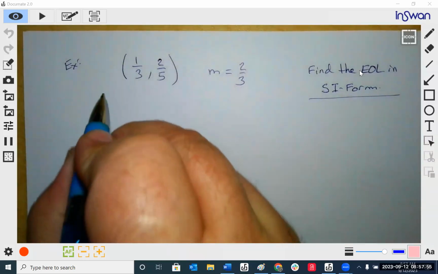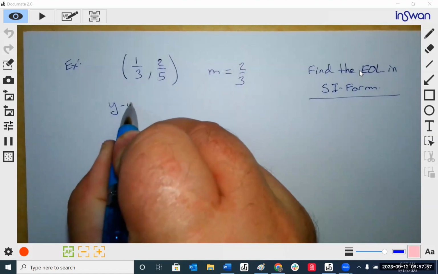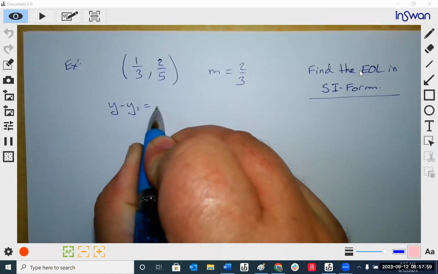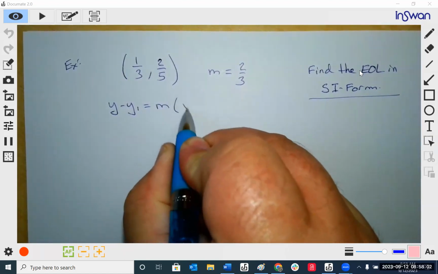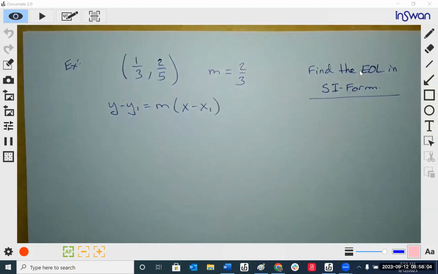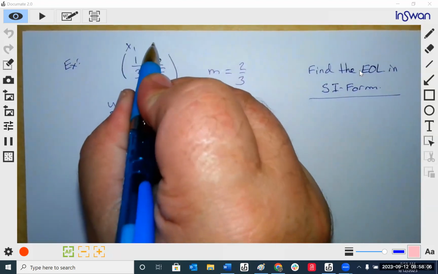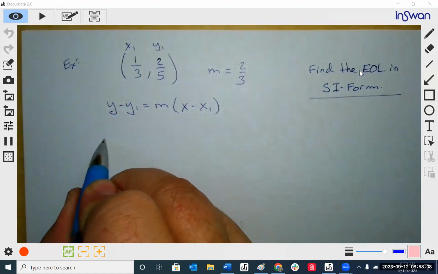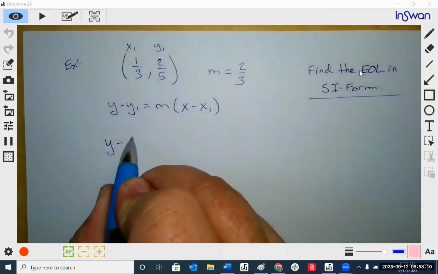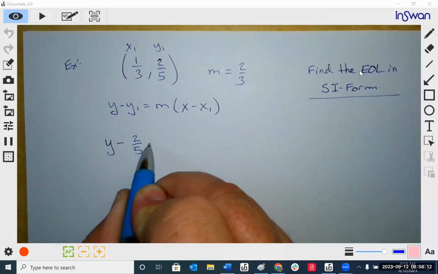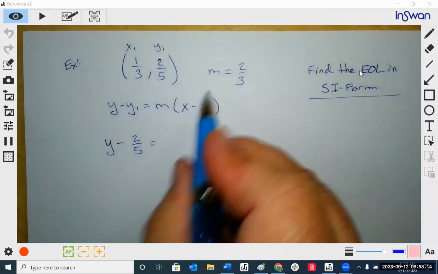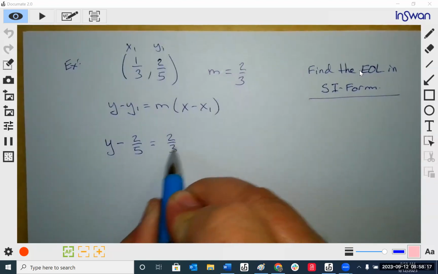The first thing we have to do is plug this into our point slope formula. This is x1, this is y1, that's m. Y1 is 2/5. M is 2/3.